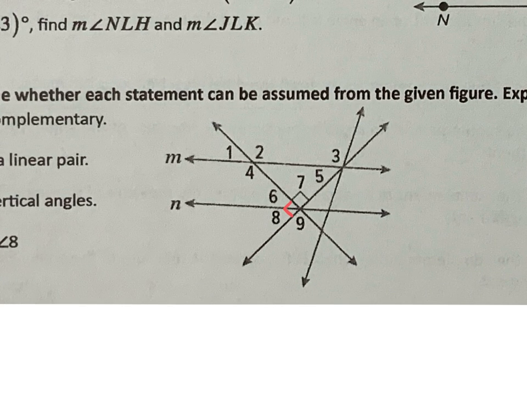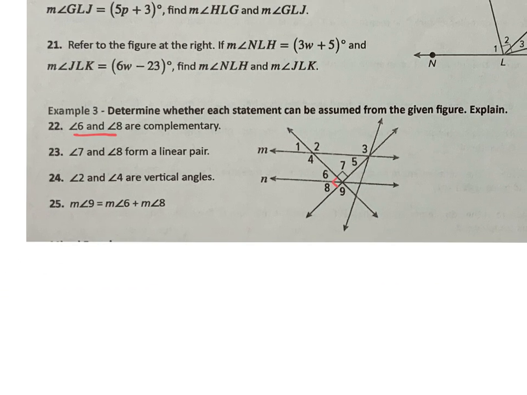When I look at this, remember that this forms a straight line right here, and a straight line is a straight angle, which is 180 degrees. Well, if angle 7 is 90 degrees, that means these two angles together, 6 and 7, should be 90 degrees because together they make 180 degrees. So that's a true statement. Okay. Now 7 and 8, we have this angle and then this angle right here.